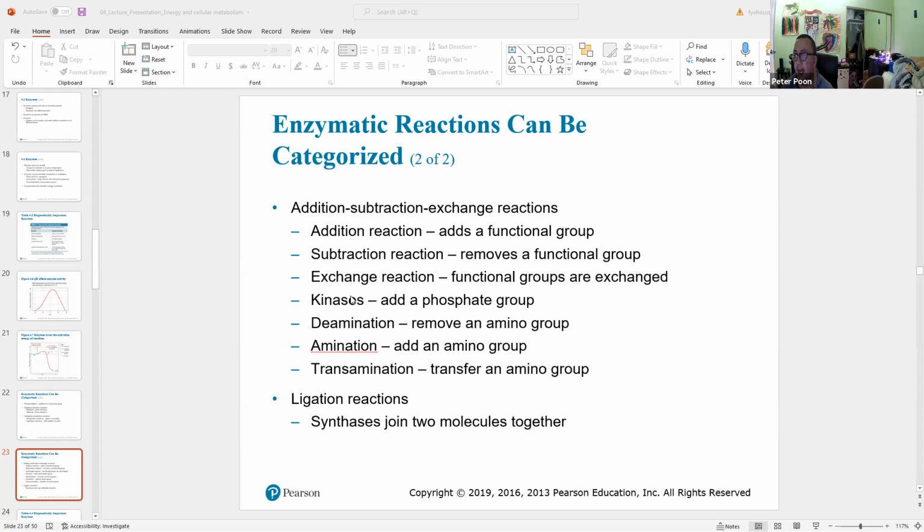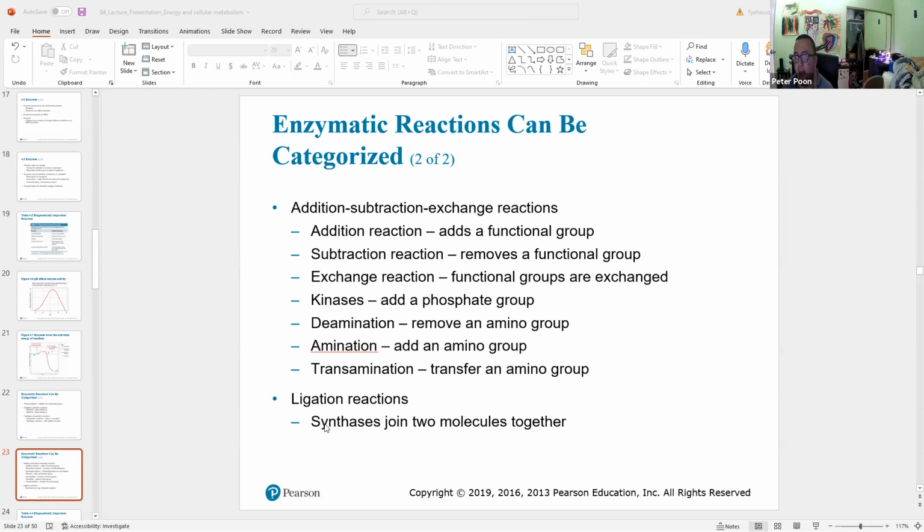A kinase is something that adds a phosphate group, so it's an addition reaction as well, right? Aminases add an amino group, so it's also an addition reaction as well.